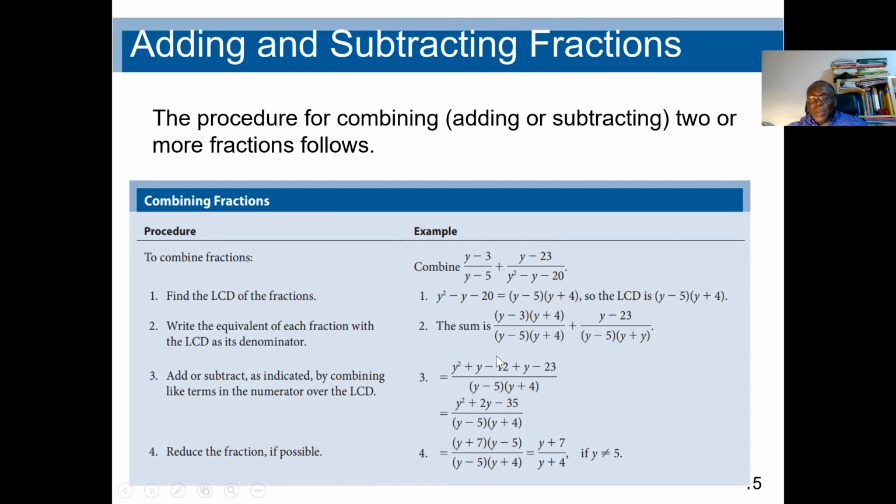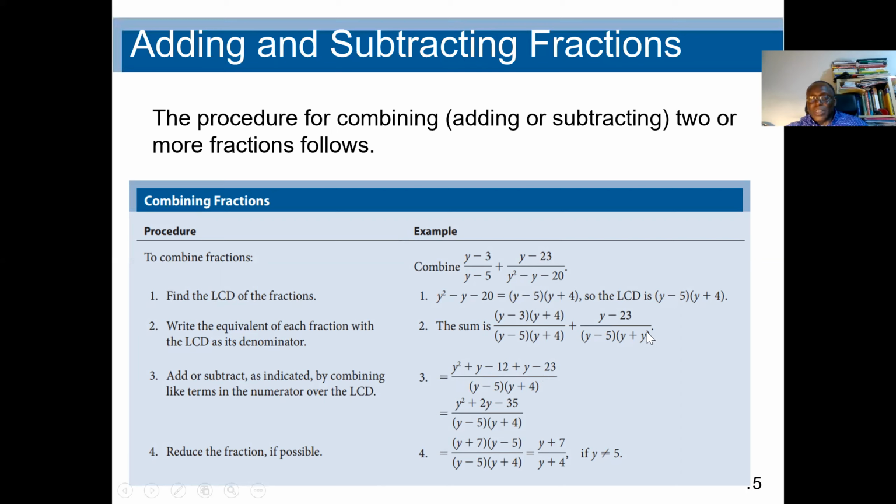So we will place it here, and we have y minus 4, y minus 3. We multiply by y plus 4, y plus 4. Then by simplifying, we get y squared plus y minus 12 plus y minus 3.